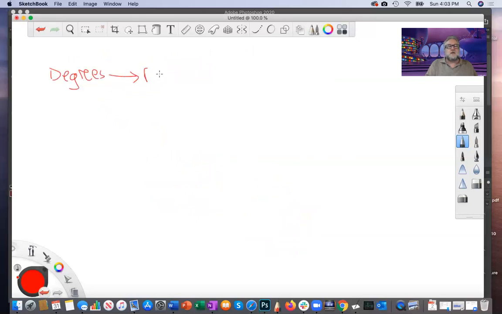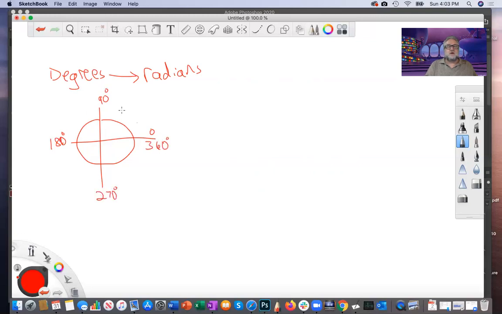Now, also in this chapter is converting from degrees to radians. This we'll probably use a lot. And again, on the circle, we're at 0 degrees and then 90 degrees and then 180 degrees, 270 degrees, and 360 is all the way around.